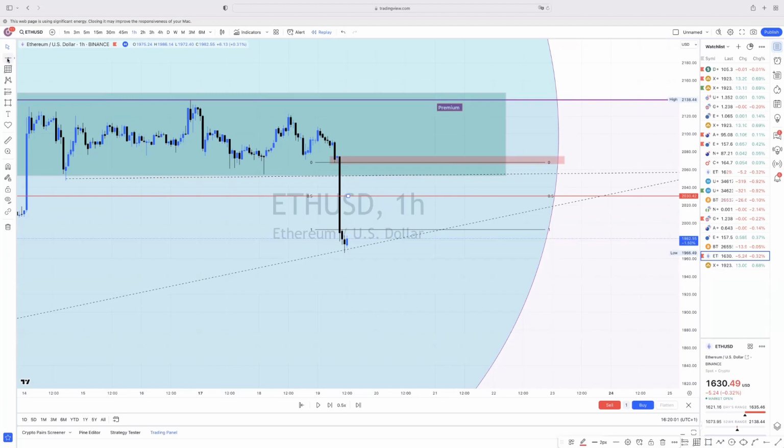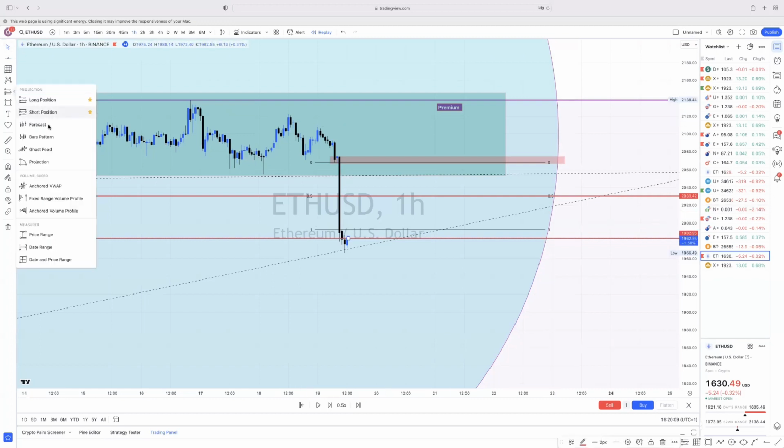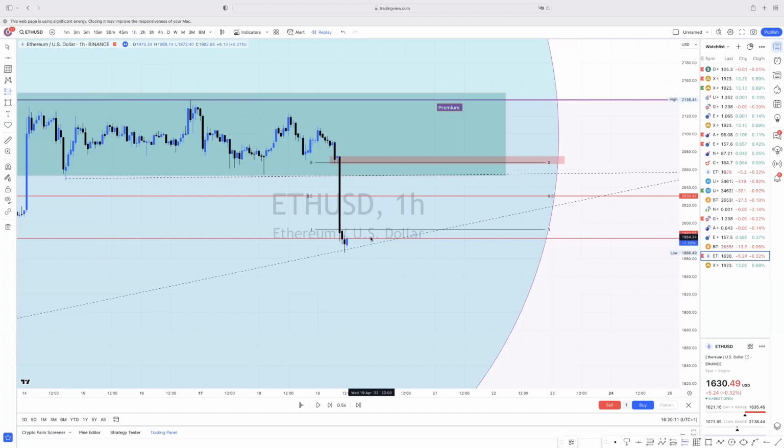So let me take my trade from here and put a signal to short immediately.